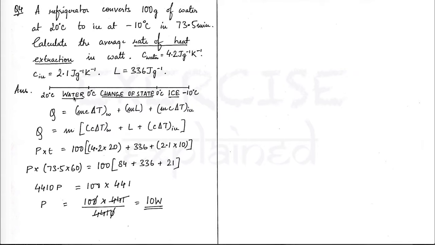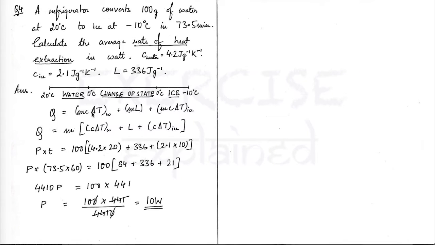When there is only change in temperature, I use MC delta T. So MC delta T will be given here, plus change of state is going to be M into L. Wherever there is change of state, we just need to write mass into latent heat. And again we have change in temperature, so we can write MC delta T.